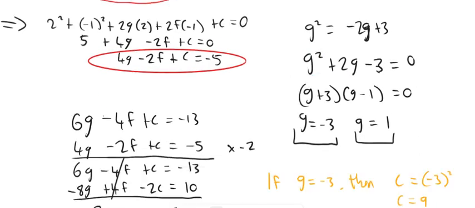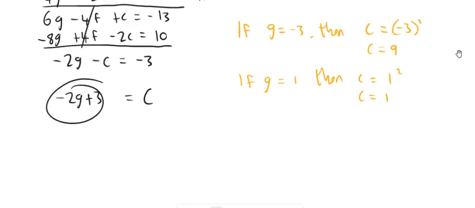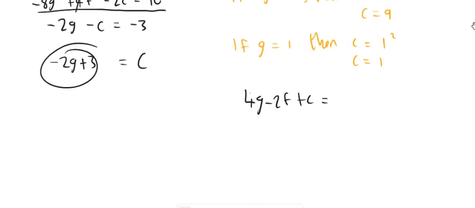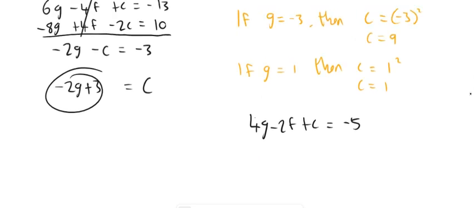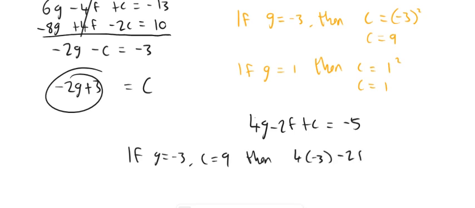So I'll take the 4g minus 2f plus c is equal to minus 5. And we do the same thing then. So if g is equal to minus 3 and c is equal to 9, then 4 times minus 3 minus 2f plus 9 is equal to minus 5.